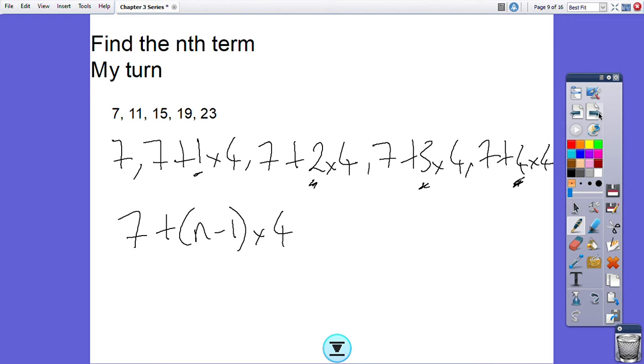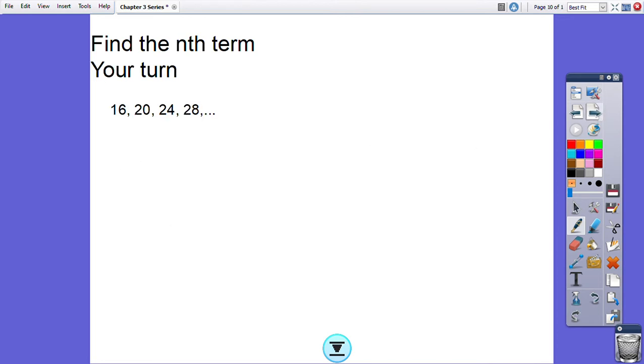Right, could you come up with, using my technique and not anything you used way back in year 8, the nth term for this sequence here, please? If you could pause the video and I will go through it when you are done.